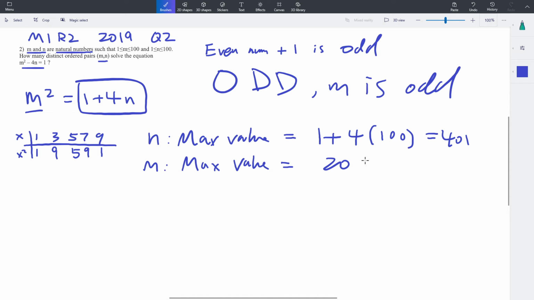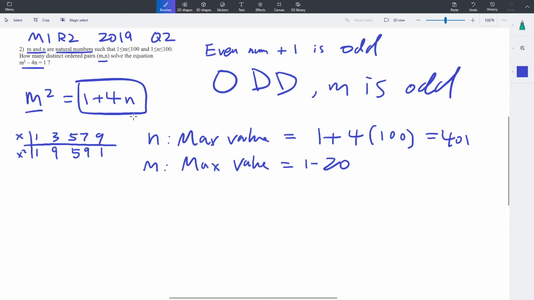Alright, so on one hand we know that m squared is kind of stuck because of 1 plus 4n, but also we are restricted to just having 1 through 20 as our values for m. So that really helps out.